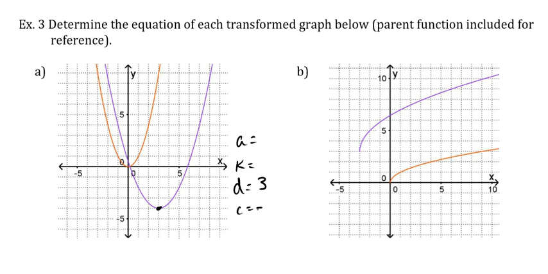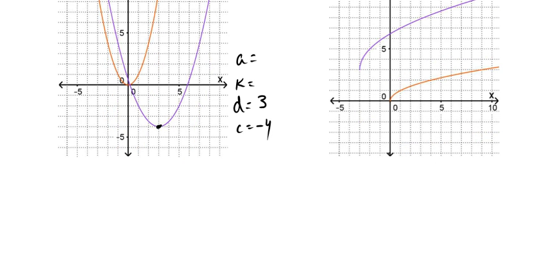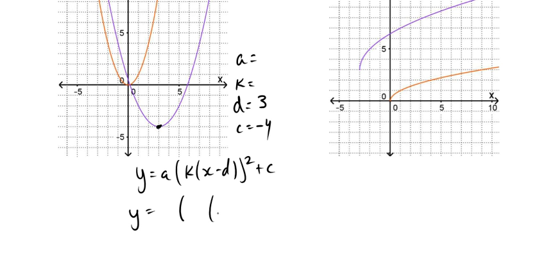It looks like C is -4. So again, I'm going to fill in the blanks here. Y equals A bracket K bracket X minus D bracket squared plus C. So Y equals blank, because I don't know that. Let's see. D, so X minus 3, minus 4. And this can be tricky.